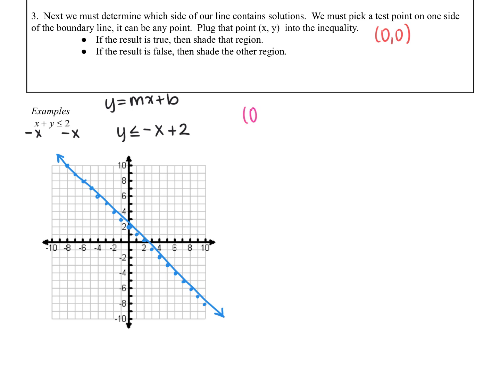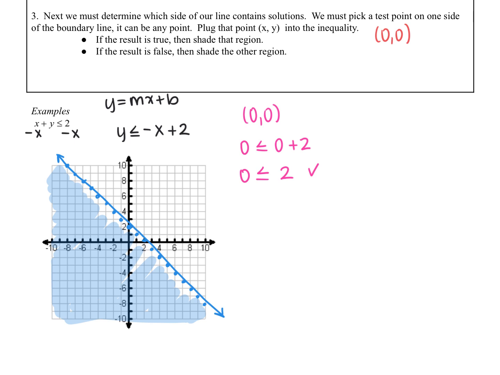So I'm going to test the point 0,0. y is 0, so 0 is less than or equal to 0 plus 2, which leaves me with 0 is less than or equal to 2, which is a true statement. Which means I'm going to shade the region that contains the point 0,0, which is everything below the line.